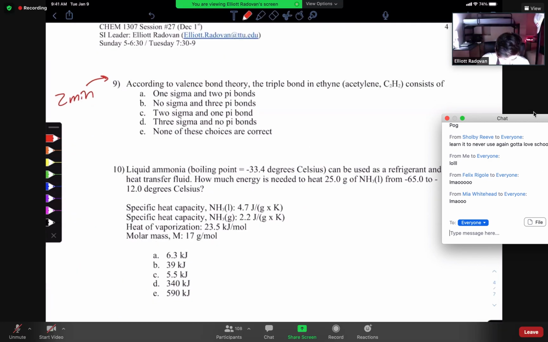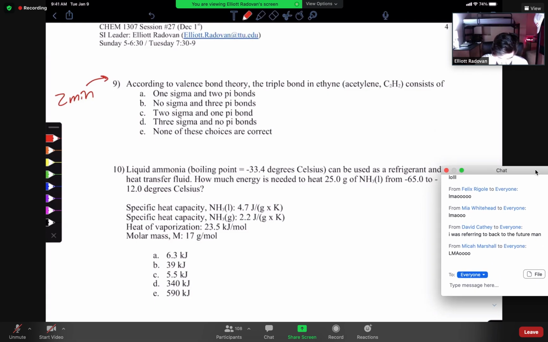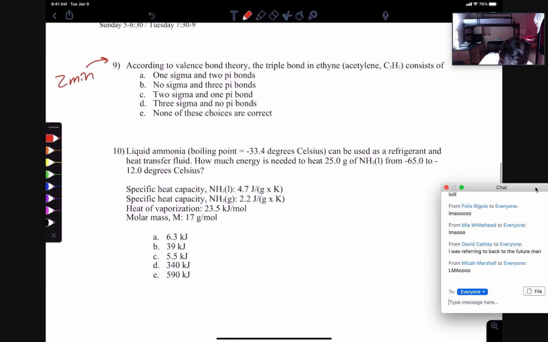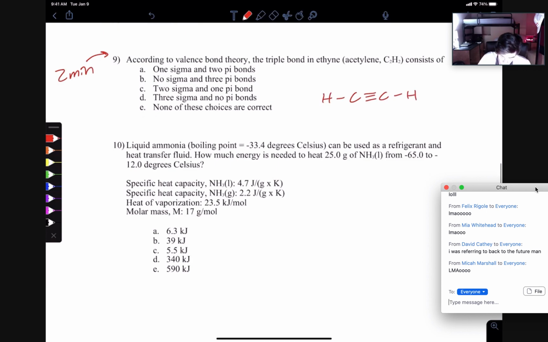Number 9 says, according to valence bond theory, the triple bond in ethylene or acetylene, C2H2, consists of blank. C2H2 is going to look like this. You have 2 single bonds and 1 triple bond. We're only talking about that triple bond right here.